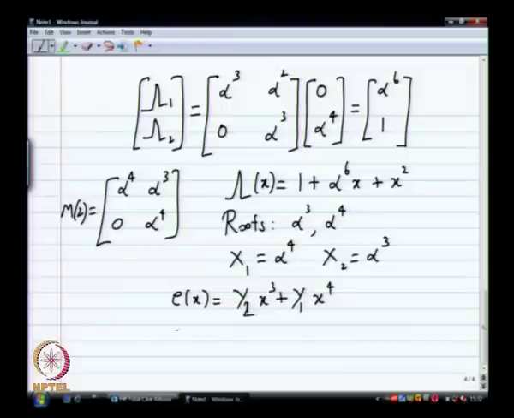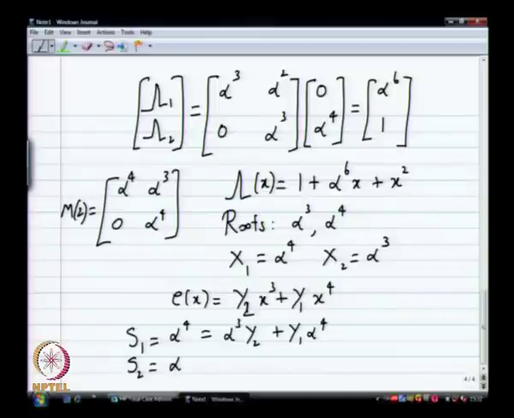So, S1 which was alpha power 4 was actually equal to, instead of x I should put alpha here, alpha power 3 y2 plus y1 alpha power 4, okay, and S2 which was again alpha power 4 is equal to alpha power 6 y2 plus y1 alpha, is it okay, sorry about that, is that okay?